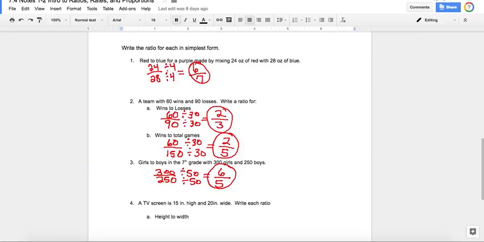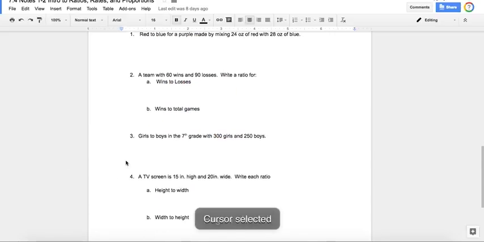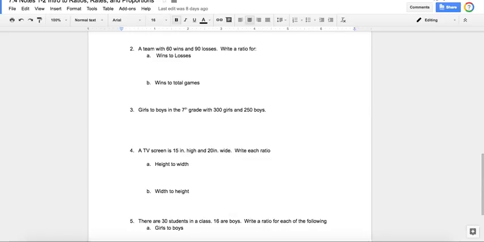Okay, moving right along, we have a TV screen is 15 inches high and 20 inches wide. Write each ratio. So we want to write the height to the width. So the height is 15, so we're going to put 15 as the numerator.